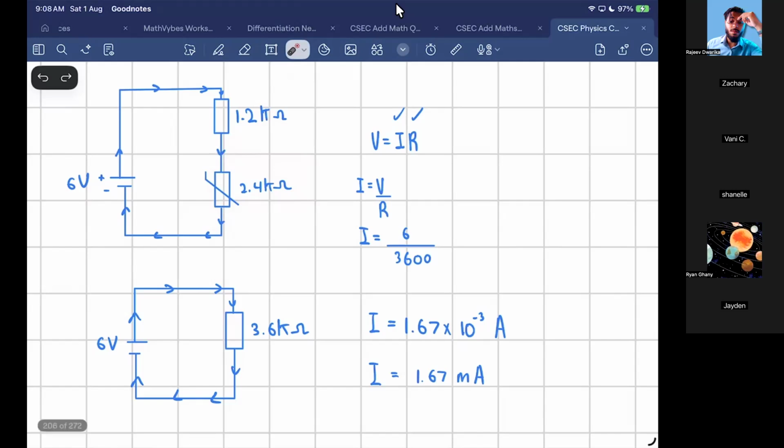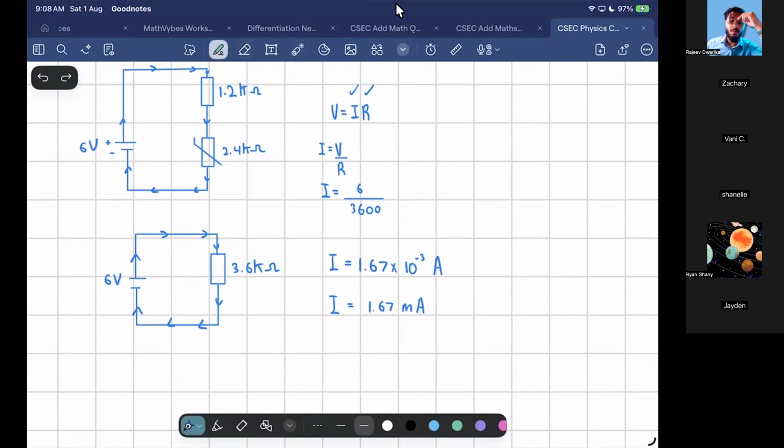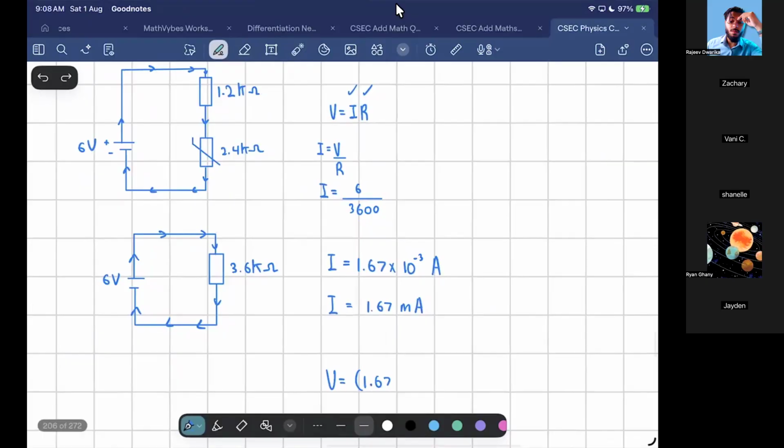So do you know the current now that passes through this? Yeah. So if you know the current passing through that, you have current, you have resistance, what are you going to do? Find the voltage. Alright, so 1.67 by 10 to the power minus 3, and then multiplying that by the resistance, which is 2.4k, which is 2400.